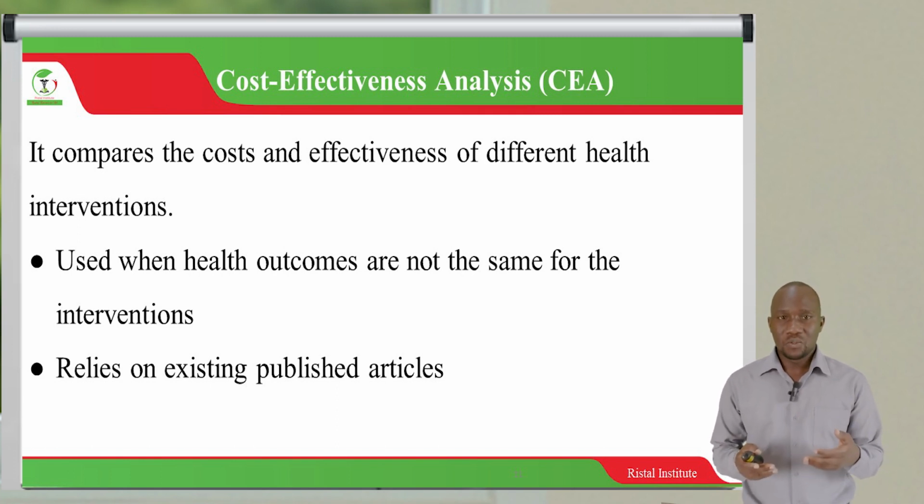So we use it when we want to compare the cost and effectiveness of two interventions. We make a decision on which one to take. We often do this if the health outcomes are not the same for these two interventions. We basically use researched and published articles to generate information on which intervention is actually cost effective.